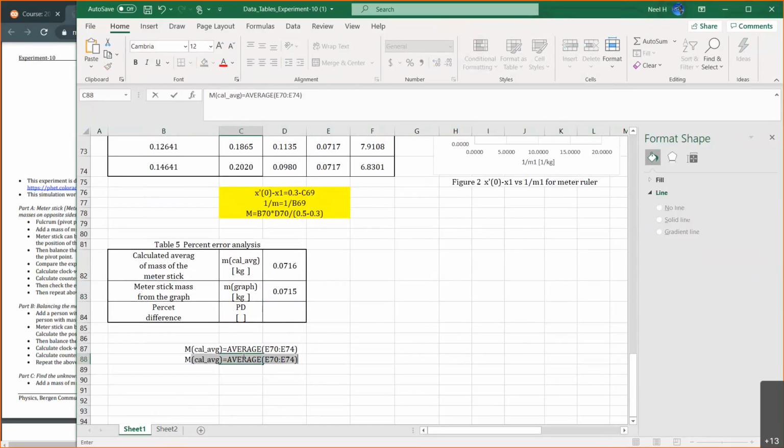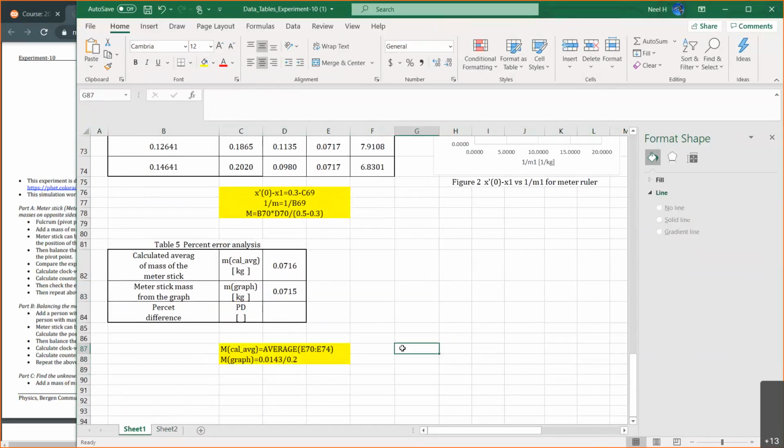But if you're doing this in an in-person setting, you're not going to get that accurate a data set at all. We usually get fairly large error in this kind of calculation because the balancing point is very difficult to find accurately. Because of that, usually about 10 to 15% error we get in this part.